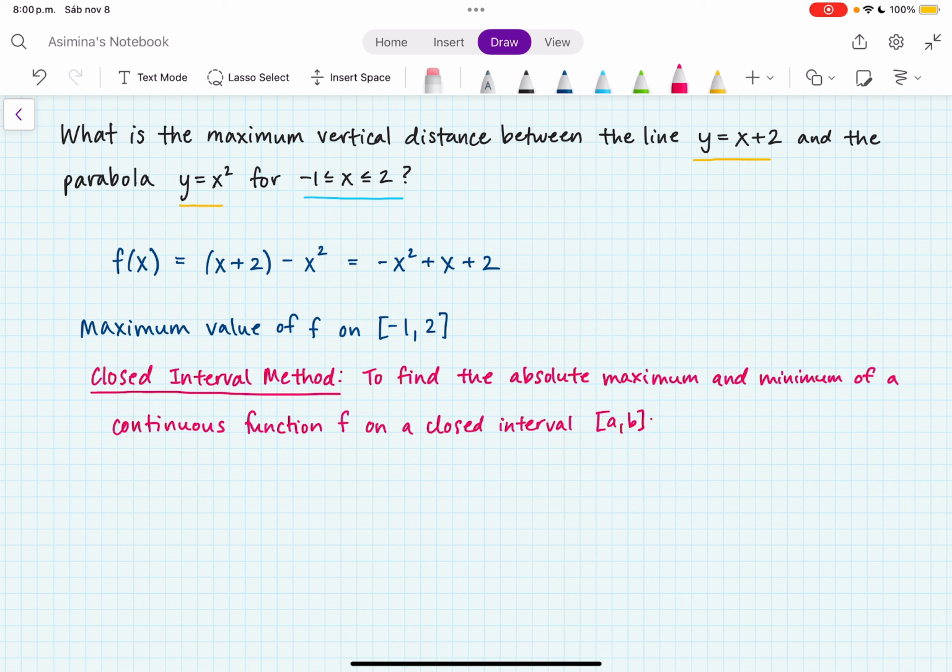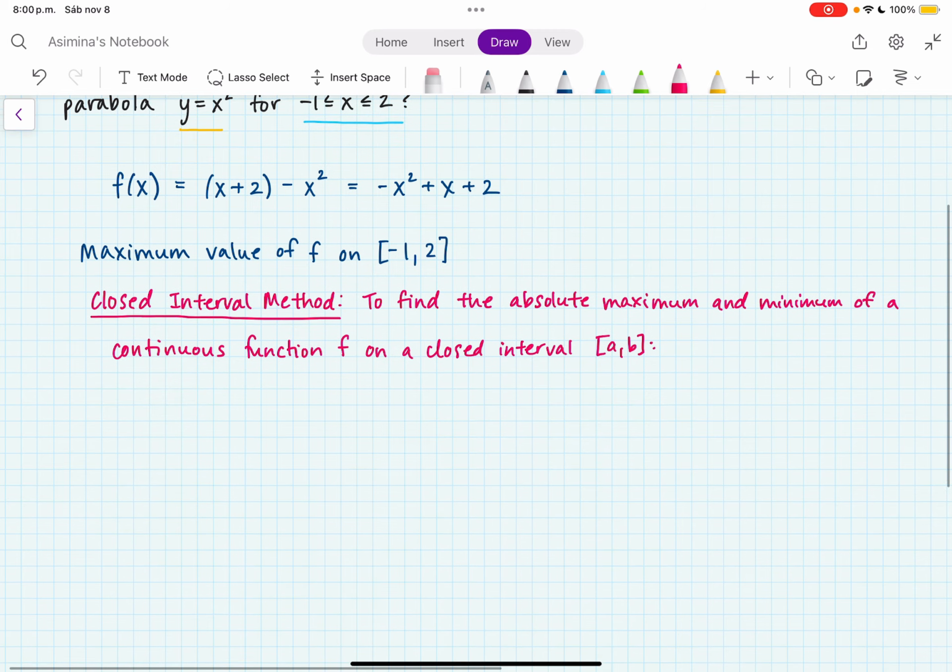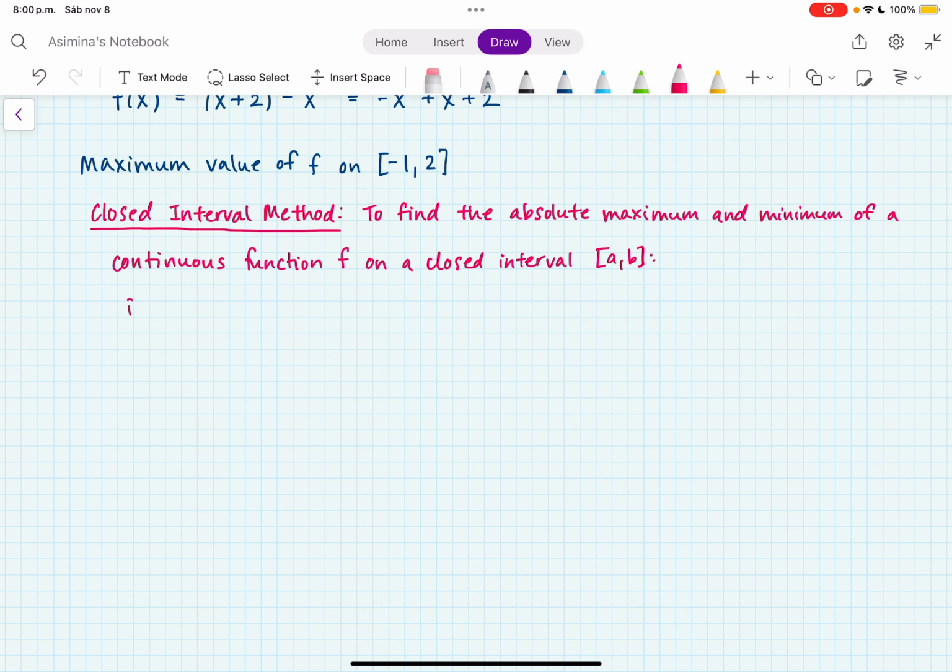We have to do two things. First, we have to find the values of f at the critical numbers of f in (a, b).